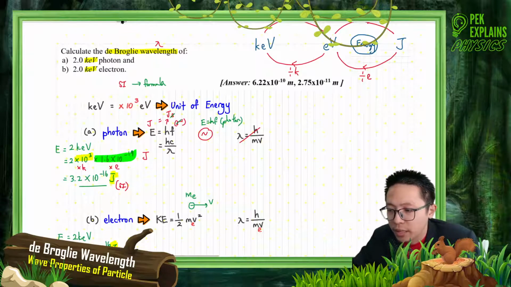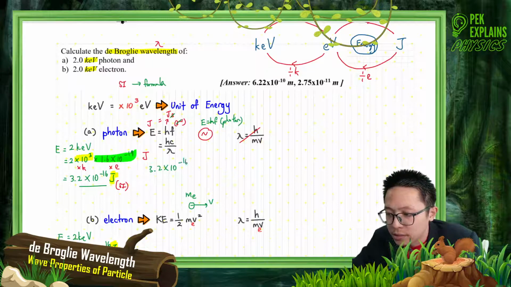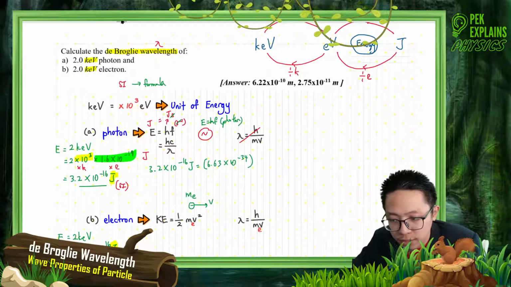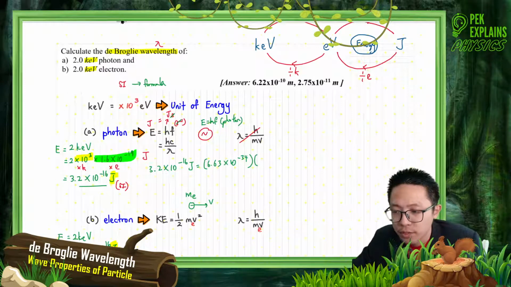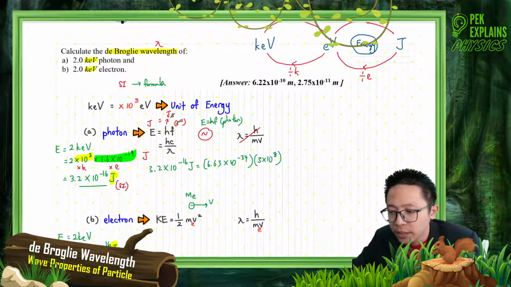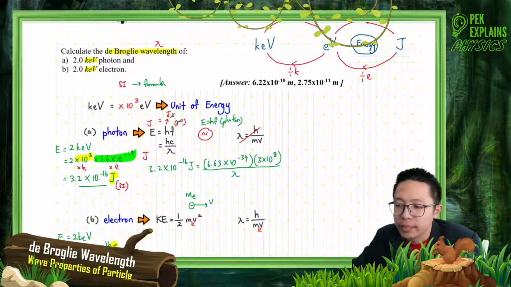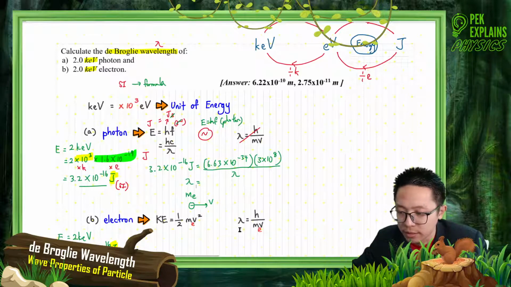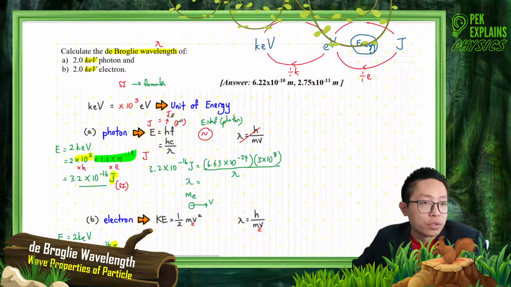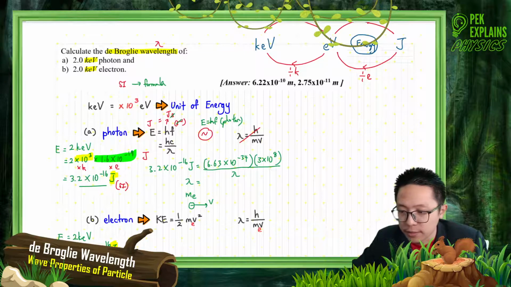Okay, let's do it. My energy is 3.2 exponent negative 16 joule, and then my h is 6.63 exponent negative 34. This Planck constant you can find in the list of constants provided. And then c is the speed of light, 3 exponent 8, over the wavelength. So cross multiply, I get the wavelength equal to, let me check the answer for the wavelength for the photon.